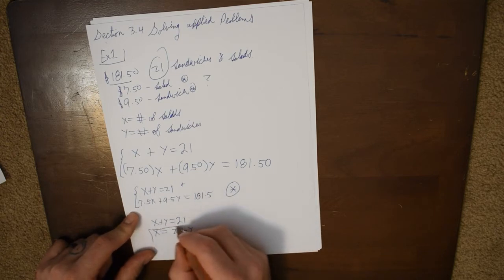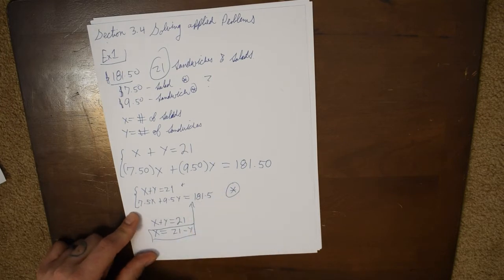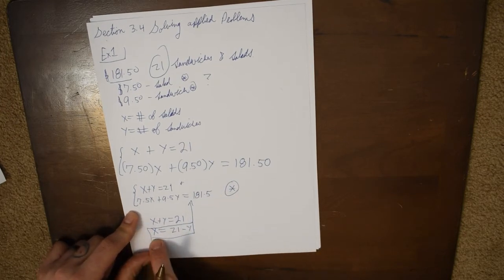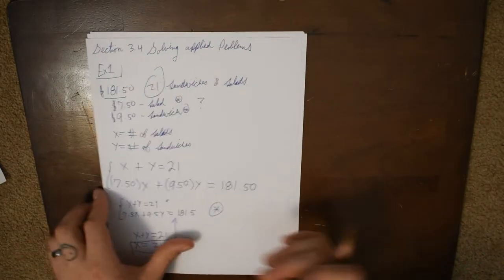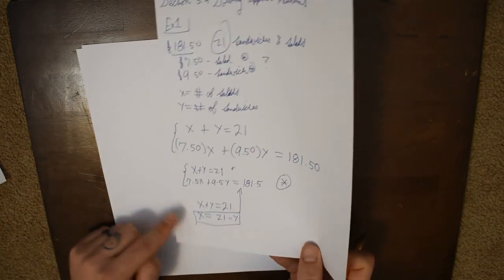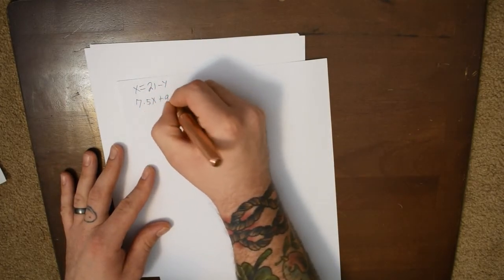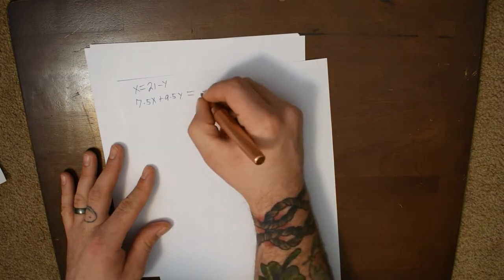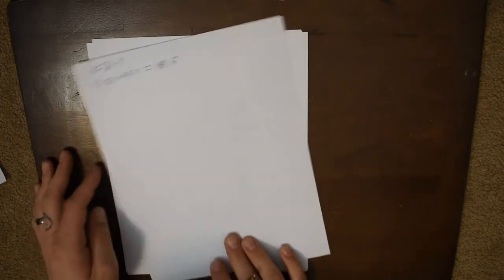We're going to take this equation and plug it into the equation we haven't used, and we're going to figure out how many salads Kathy needs. So we know x is equal to 21 minus y, and 7.5x plus 9.5y is equal to 181.5.